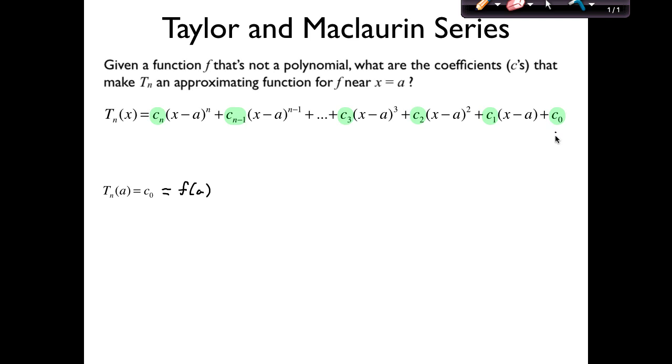Because what would happen? f is the function we have, T is the one we're creating. If we make C0 f of a, then what happens when you plug a into T? You're going to get f of a, and that's exactly what we want. So the polynomial would get the function value exactly right at a. Doesn't that make sense?